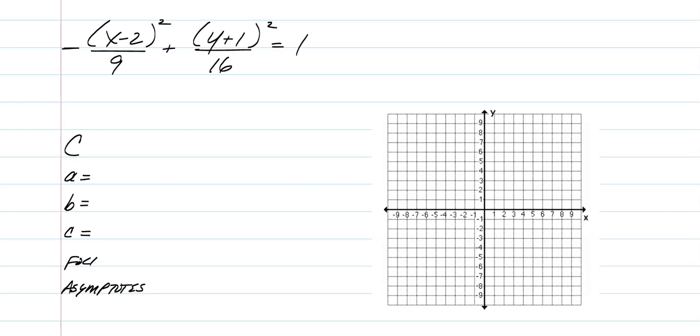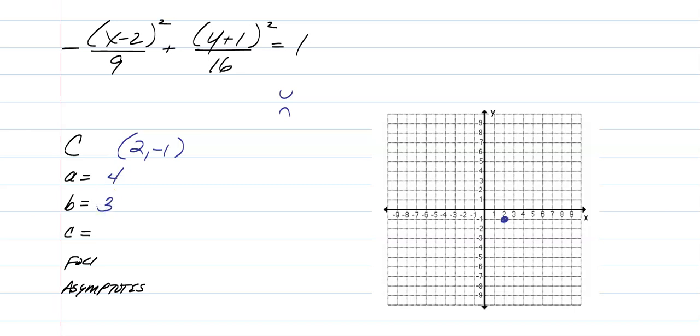So if you gave this a shot, you should have a center at 2, -1. Boom, right there. So we have our A and B. This time, notice the Y value is positive, so it's going to go up and down. Technically your A is your positive value, so that would be your 4, which would make this your 3.